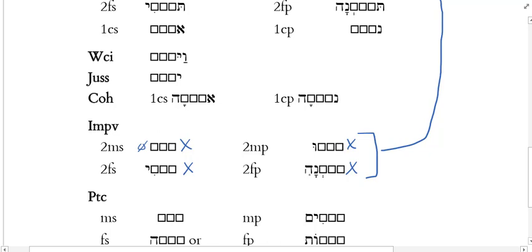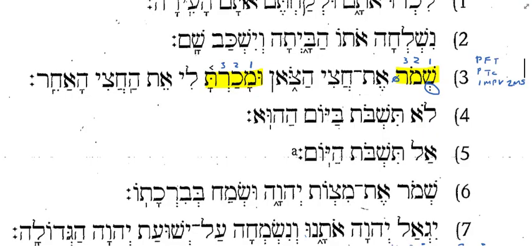Okay? All of them are used, but they're either singular or plural use and male or female use. So what am I looking at on that exercise? I'm looking at the imperative with no ending, and that's the 2MS one that we just saw. And of course, it's in the Qal. So that's our parsing. Shamar, Qal imperative 2MS. So I'm commanding one person to shamar.